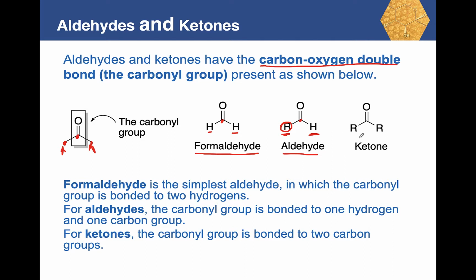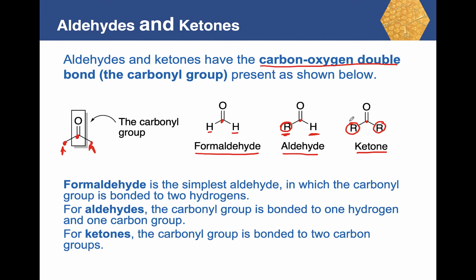Here's the other one. Here's a carbonyl or the carbon-oxygen double bond. If it's bonded to one and two carbon-containing alkyl groups, then we have a ketone. Why am I emphasizing carbon-containing?